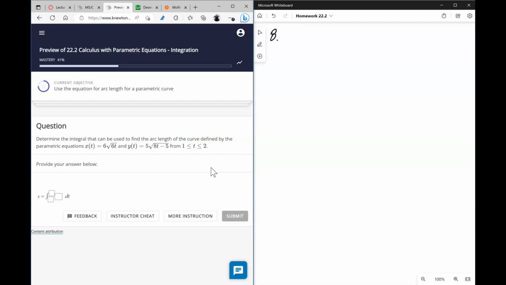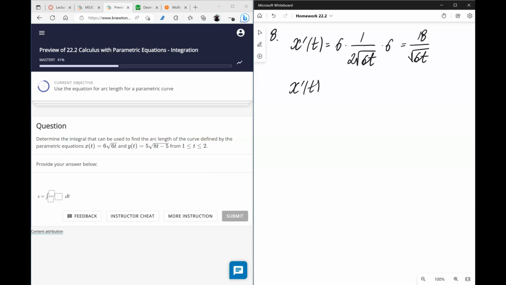Another arc length. So let's set up the arc length. We're going to find x prime of t. X prime of t will be 6 times 1 over 2 square root of 6t times 6. So it's 18 over square root of 6t.